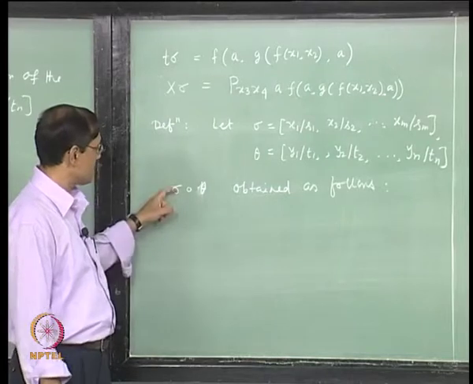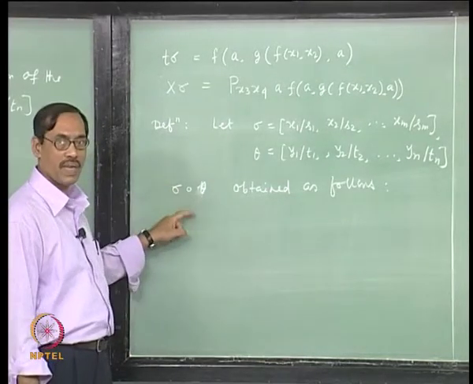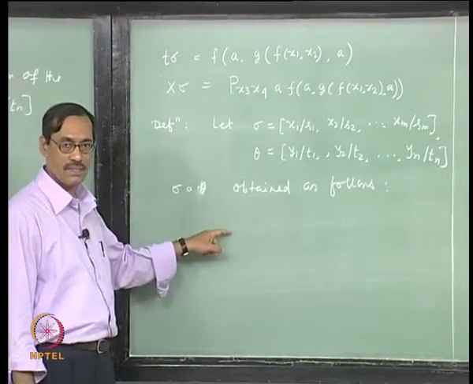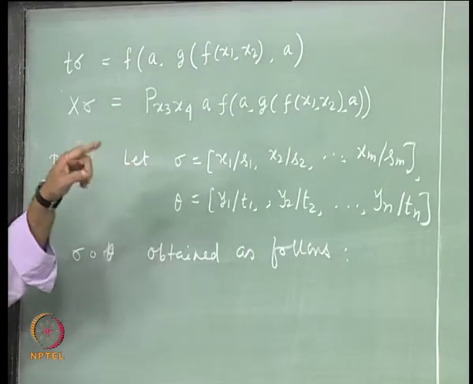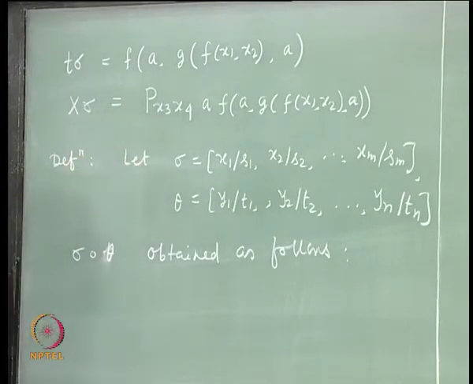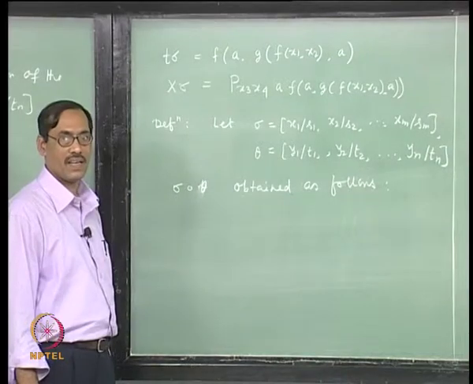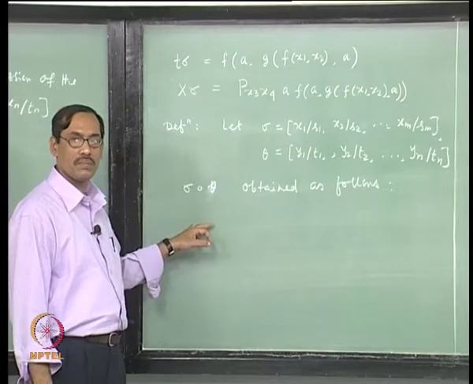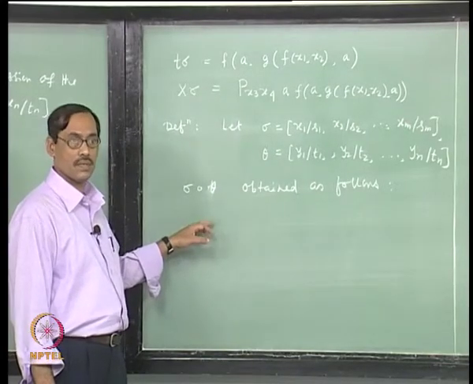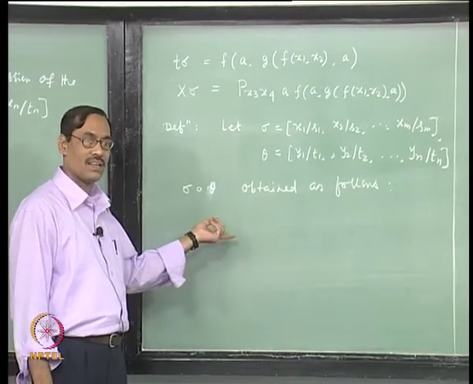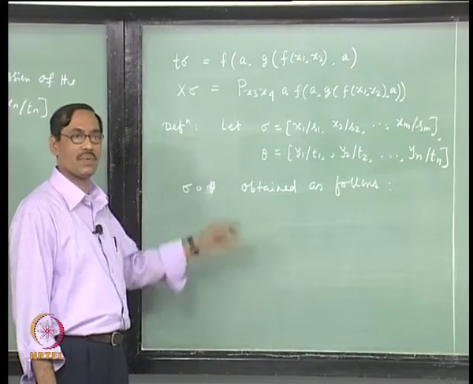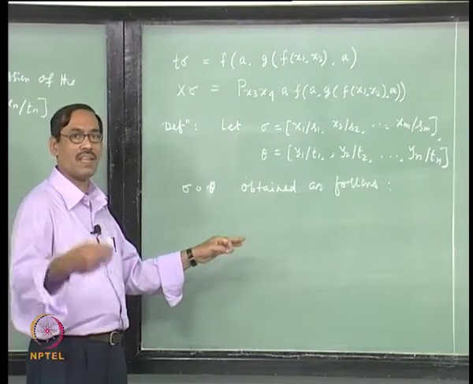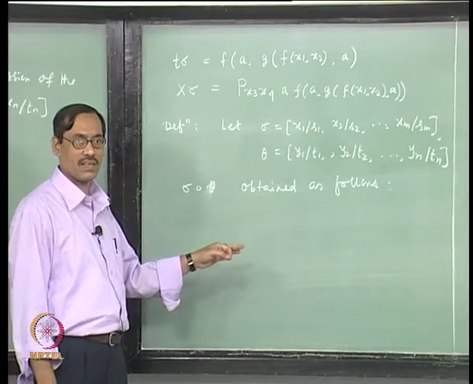So, that means there will be a component in sigma which is of the form x by y, and there is a component of the form y by a in theta, right. Is that okay? So, in place of x we are going to replace y theta, and y has been changed to a. So, theta is really applied to y, the denominator, fine.